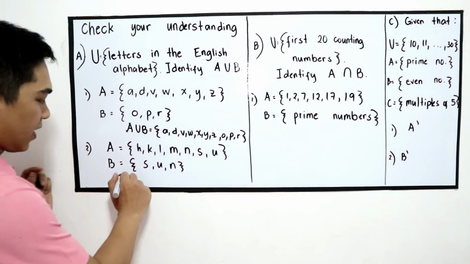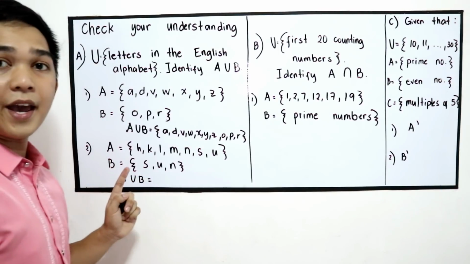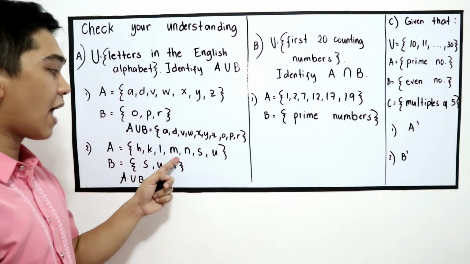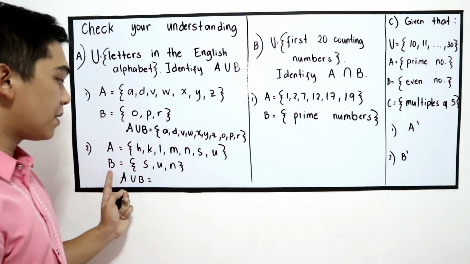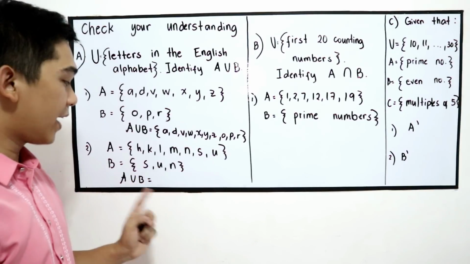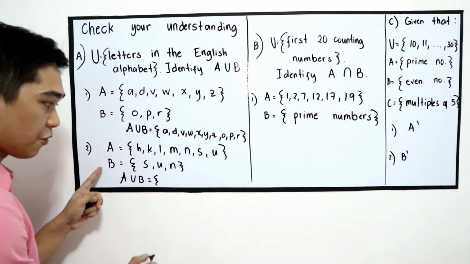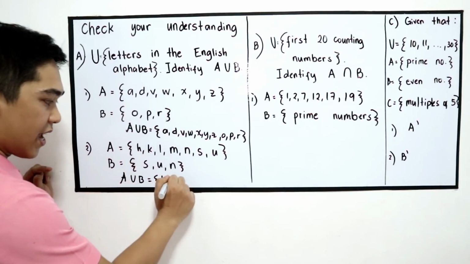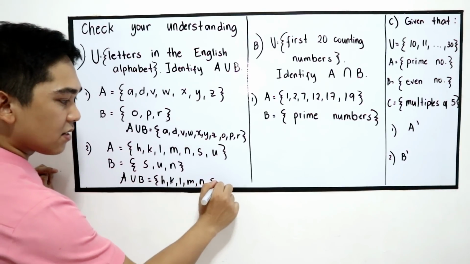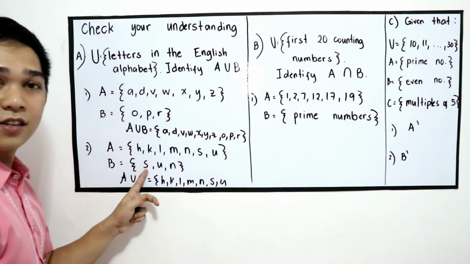Number 2, A union B. Set A has the elements H, K, L, M, N, S, U. Set B elements are S, U, N. Find A union B. So the elements of A combined with the elements of B: H, K, L, M, N, S, U. Elements of B are S. So we have S here.